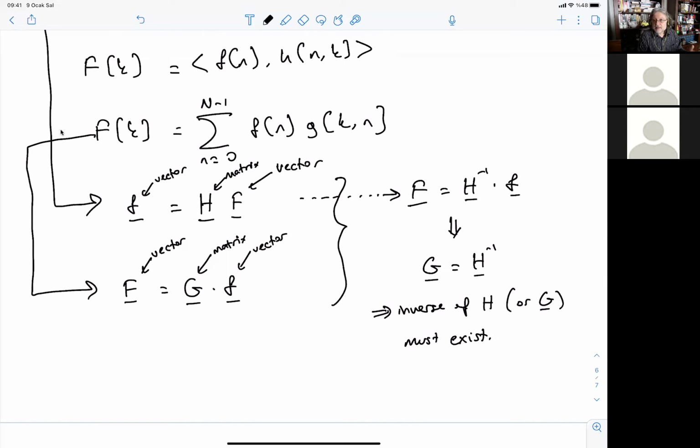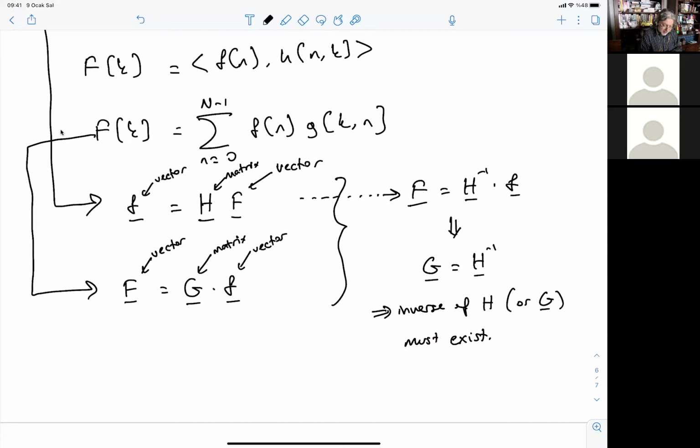It's a square matrix, capital N by capital N. They are square matrices, and their ranks must be precisely equal to capital N. If you have that, without thinking of any orthogonality or orthonormality issues, you can very simply say that if G is the transformation, then the inverse transform is G inverse, G to the minus 1. And it makes many of the things easier to understand in terms of discrete time transformations.